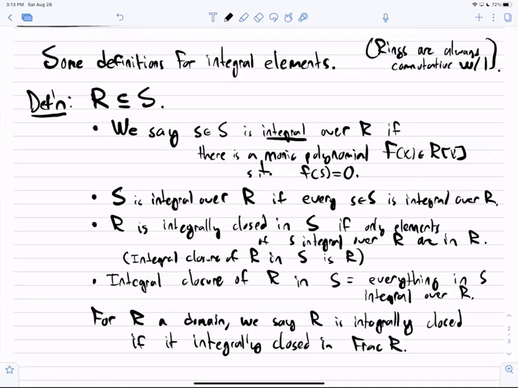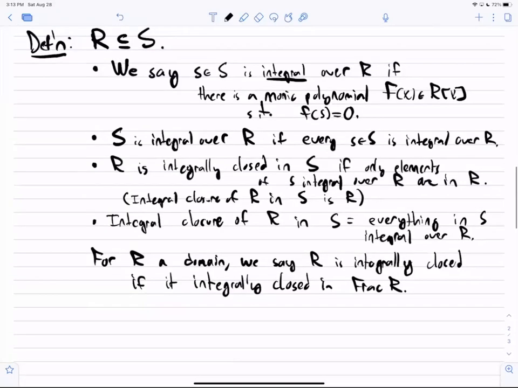Okay, so maybe some examples. Z is integrally closed. Should be believable from the name at least, and you can check it pretty easily.